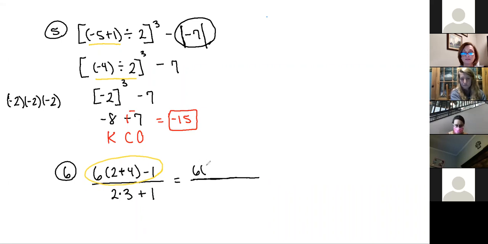So 2 + 4 is 6. Multiplying would come before subtraction, so that would be 36 - 1. And that is going to give me 35 on the top. Down here, 2 times 3 would come first, so that would be 6 + 1 is 7. 35 over 7 we can simplify, and yes, the answer is 5.